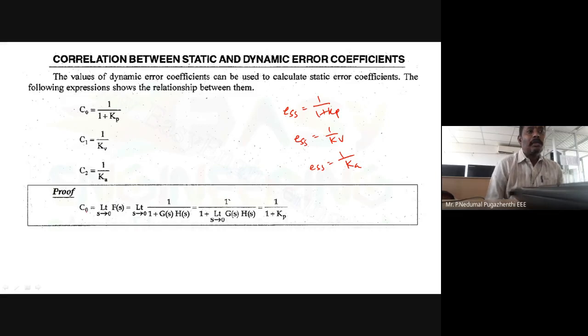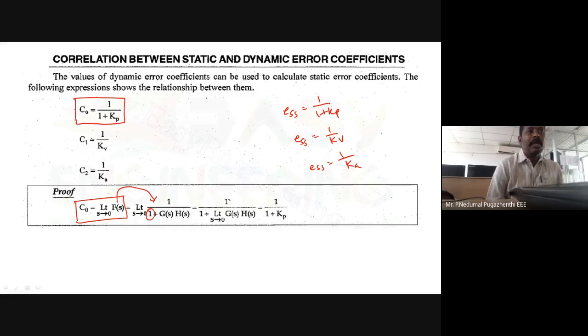Already we know that C naught is equal to limit s tends to 0 of F of s. This is already known to you, and this F of s is also known. So if you substitute s equal to 0, this function has nothing to do with s, and this is going to be limit s tends to 0, which is already Kp. So C naught can be equated with 1 by 1 plus Kp.